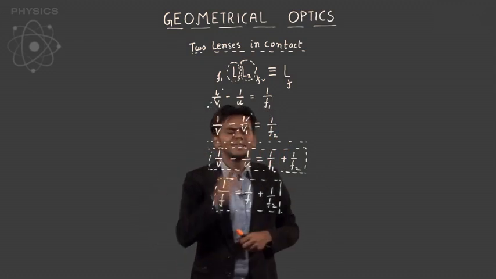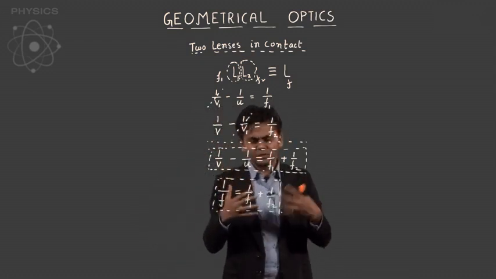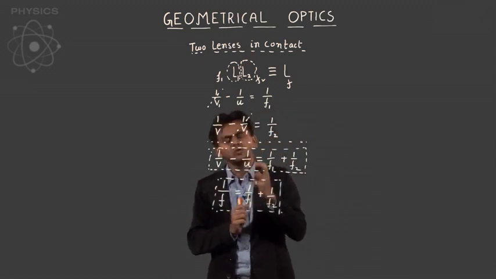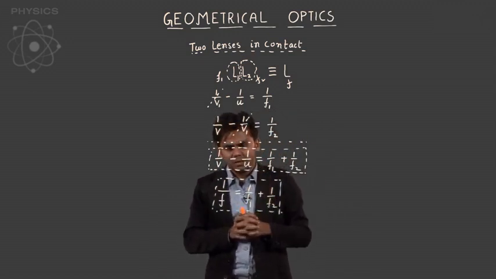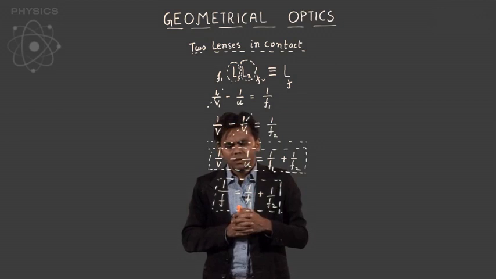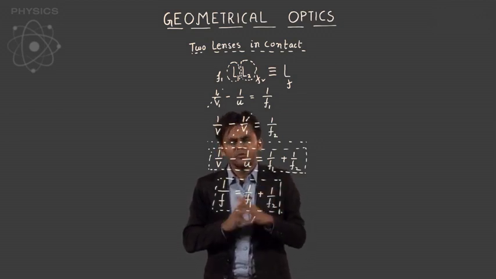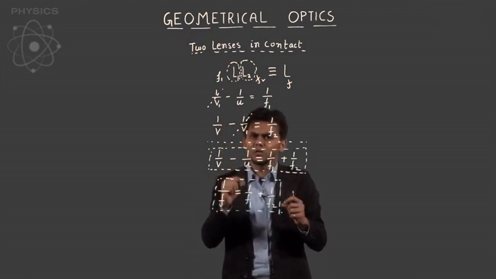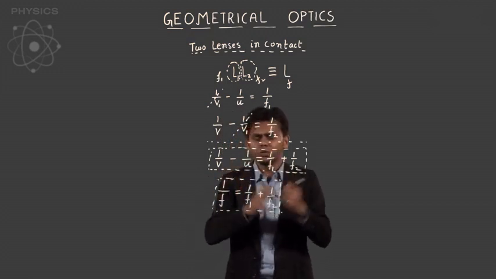Now there's a new thing which you should be aware of, that this was a combination of lenses. Let's say I need to find out the focal length for different kinds of shapes. How would I use my lens maker's formula? This is just a digression from here because you will gradually understand what I'm getting into.